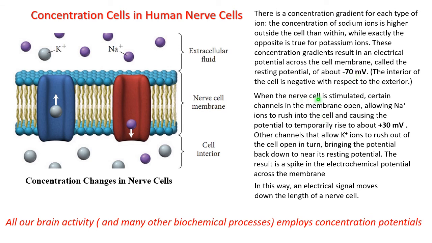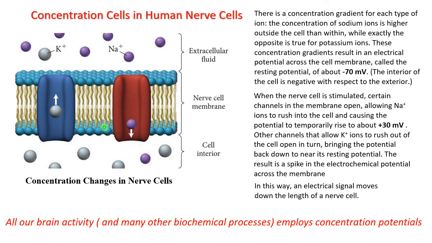When a nerve cell is stimulated, channels open, sodium ions come into the cell and cause the potential to jump from minus 70 to plus 30 millivolts. Then potassium ions come out and bring the situation back.